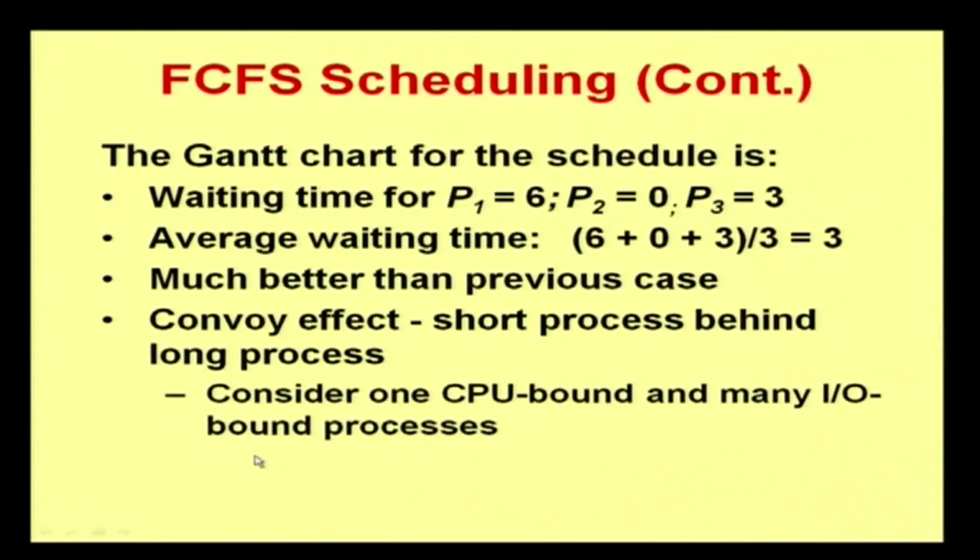Even here it is first come first served, and even over there it is first come first served, but which process is served first matters a lot. This is also called the convoy effect. Convoy effect is nothing but a short process behind a long process.